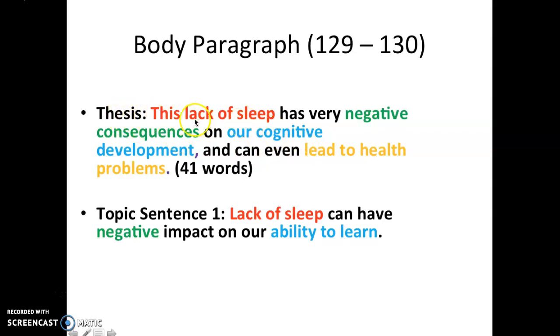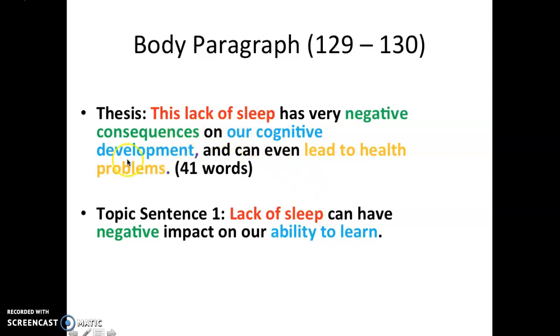Thesis statement: lack of sleep, very negative consequences, on our cognitive development. This here, reason number one, is a little bit more broad, a little bit more vague. In a topic sentence, it has to be a little bit more specific.